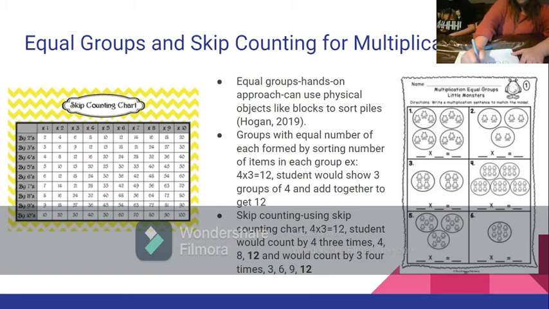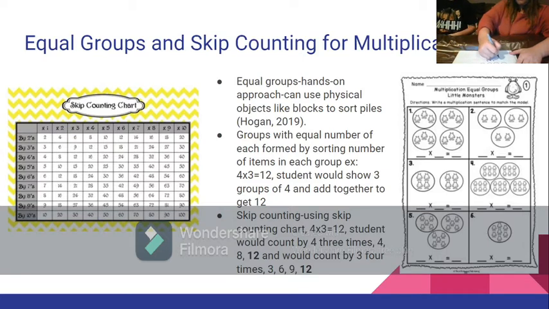12. Good job. Now for the skip counting, we will be using the skip counting chart to the left. We will be doing 4 times 3 again. So the student will count by 4 3 times.